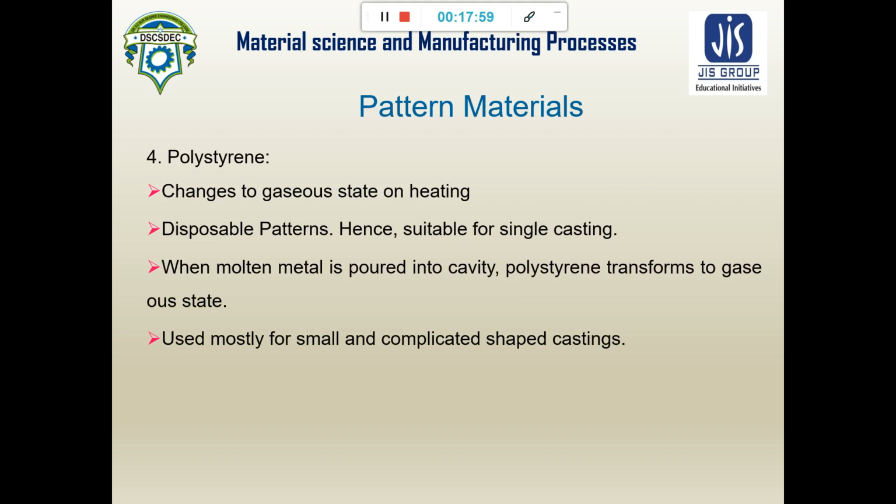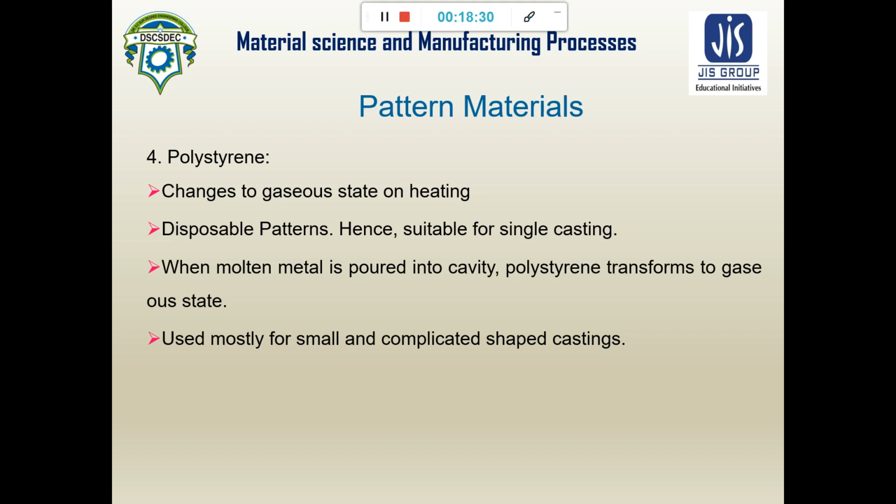Now after plastic, polystyrene can be used as a pattern material. Polystyrene is an expendable pattern material. That means the polystyrene evaporates whenever we pour the molten metal, and the cavity is filled by molten metal while the polystyrene evaporates from the mold cavity.